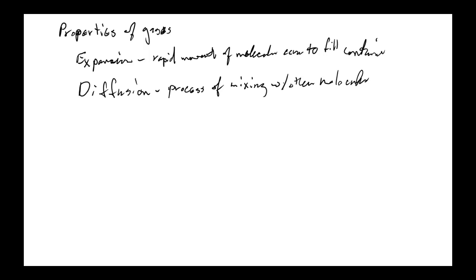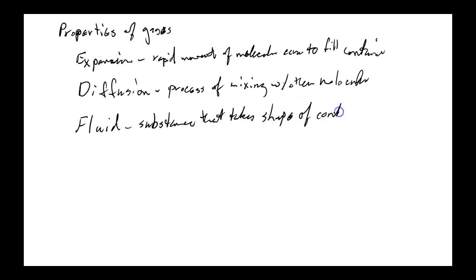just about always. One other term they have here, in properties of gases, is a general term, a fluid. A fluid is a substance that takes the shape of the container. And guess what? That could be either a liquid or a gas.